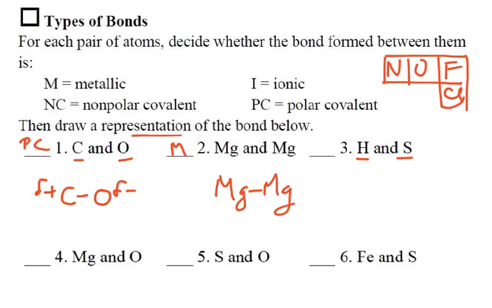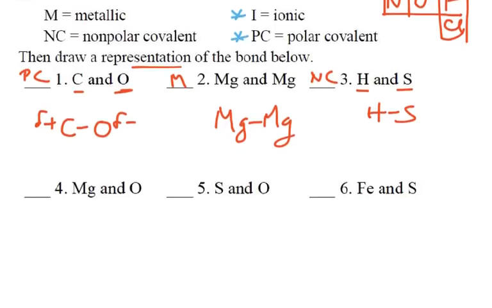So neither one here is strong. Back there, oxygen was one strong. So weak and weak is going to be nonpolar covalent. So we're going to say H and S, and we don't have to draw anything. We only have to write things as far as representation, the charges, if we get ionic and if we get polar covalent.